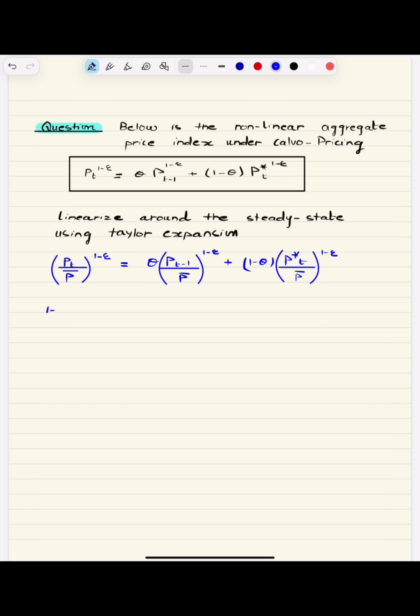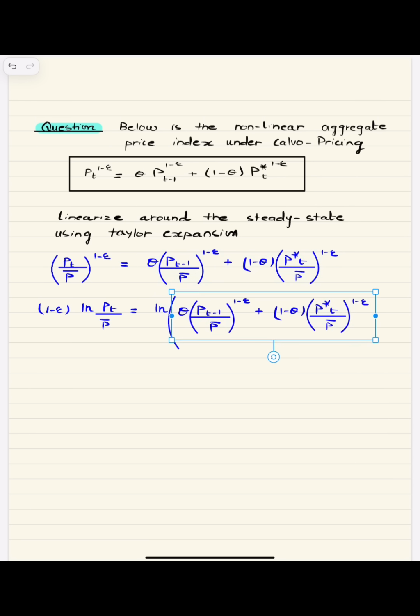The power gets multiplied, and I'll have an ln P_t over P-bar, which is the deviation of the price from the long run level. And then we'll have a log of this whole expression right here.